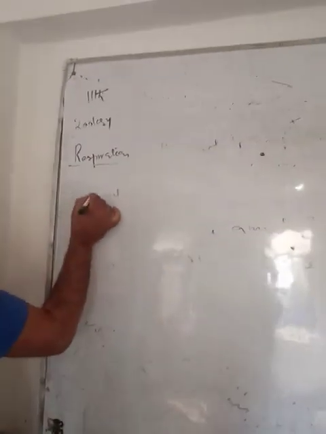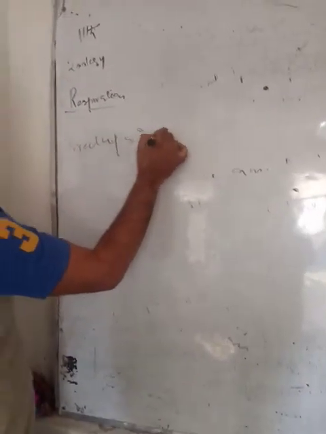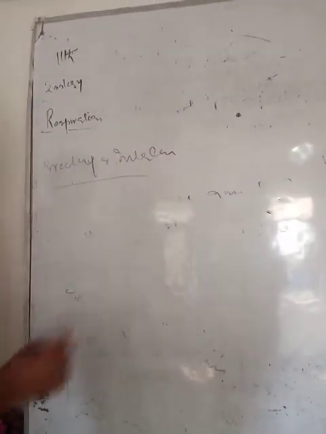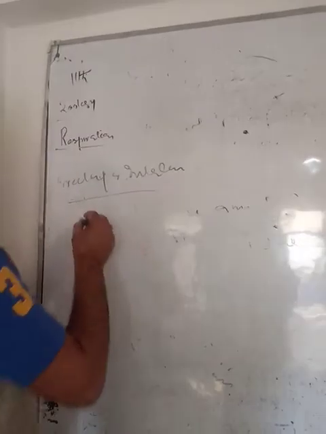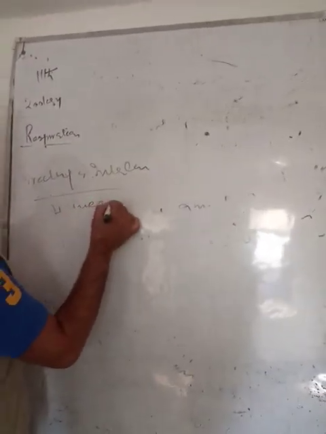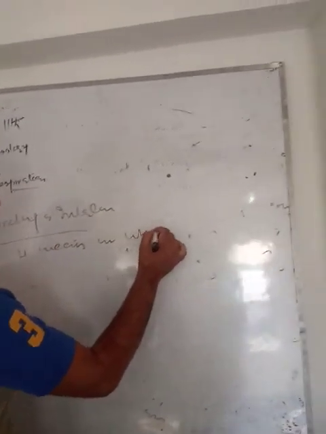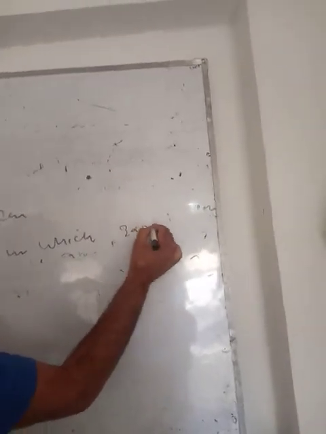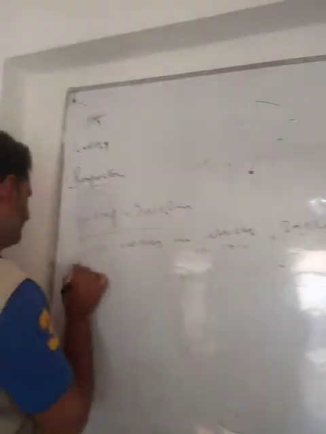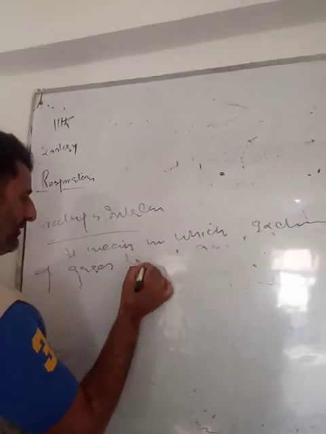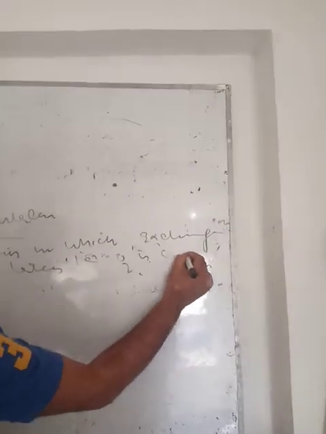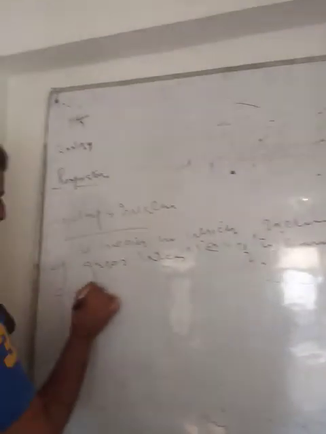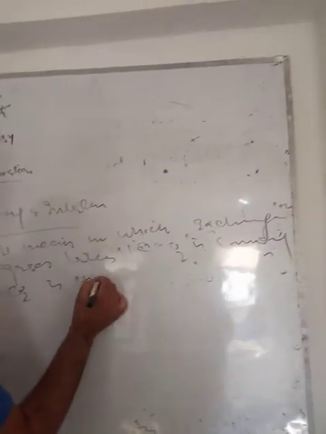Thirdly, we can say that breathing or inhalation is the exchange of gases, in which exchange of gases takes place. That is, oxygen is conveyed and carbon dioxide is given off.